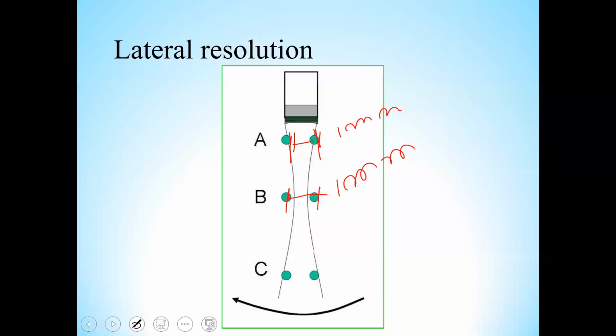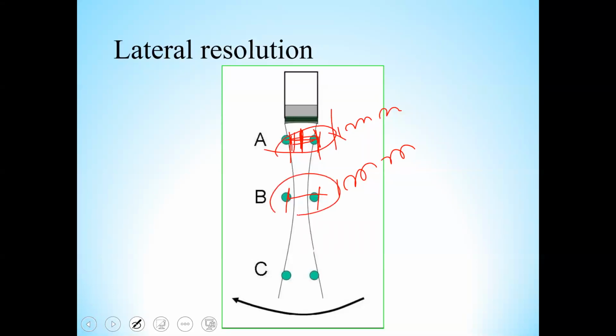But here you can see these two structures are placed in one beam, and that's why they will not be separated from each other. Rather, they will appear as a single structure at the center of the beam superimposed on each other, and that's why this is not the lateral resolution of the machine.